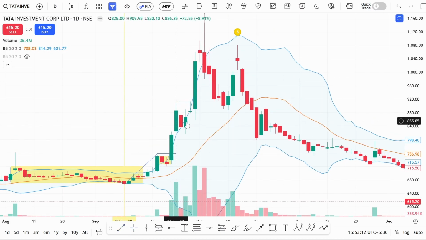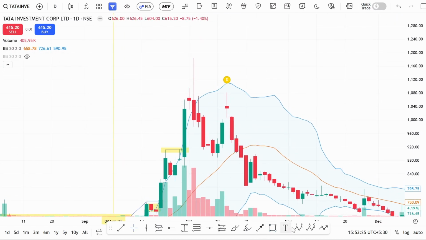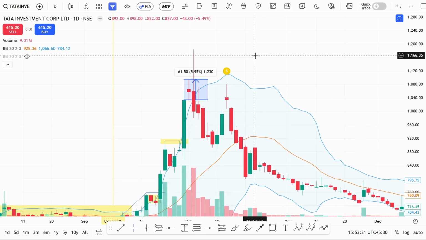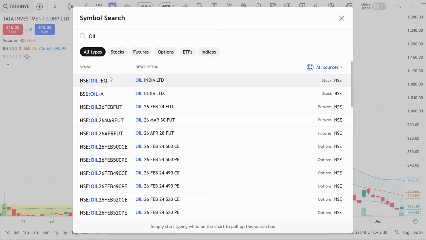Here you can see after the wave 1 high breakout entry was done, it got expanding exactly at this location, and we got one more breakout. This is the expanded entry, and the immediate next day the stock rallied 5.5%. So this is how we can easily identify the wave 1 high breakout entry and the wave 3 extension entry. Yesterday also there was a trade, Oil India.